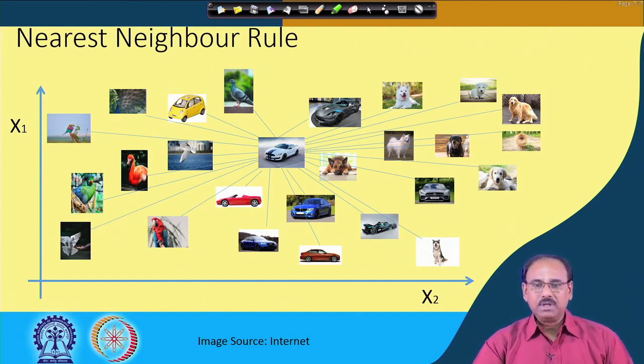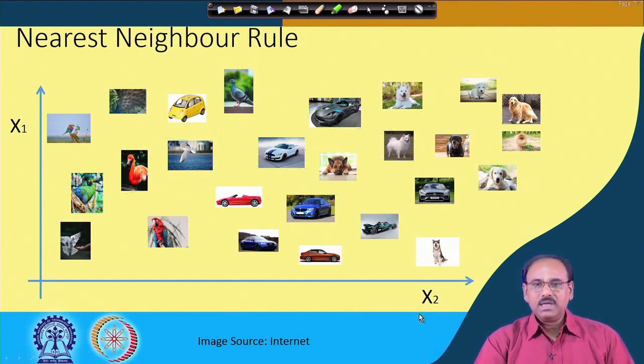And once I compute this vector, so if I have say p number of previously known images and I have this unknown image which I want to identify, I have to compute p number of distances, the distance from every other image which we have in my knowledge base, right. And once I do that, I find out which is the image nearest to it.